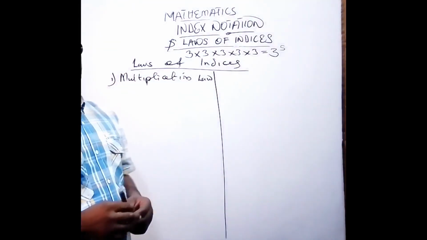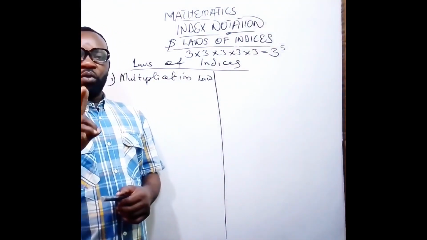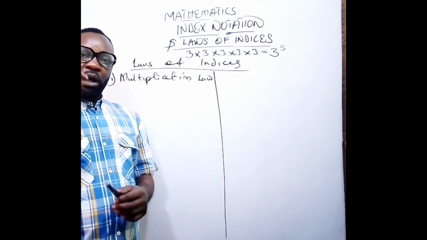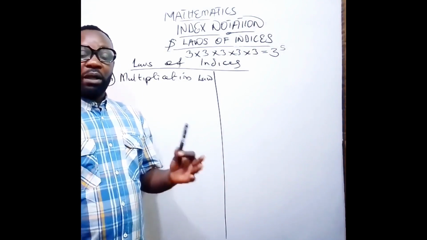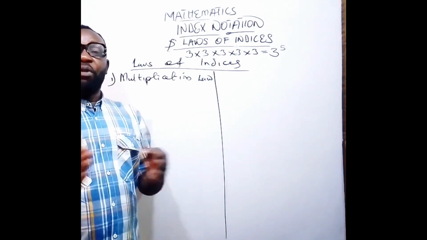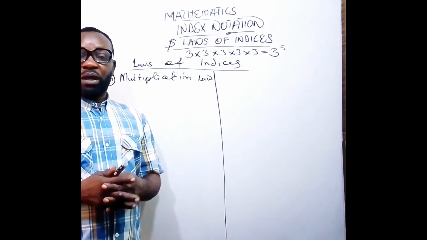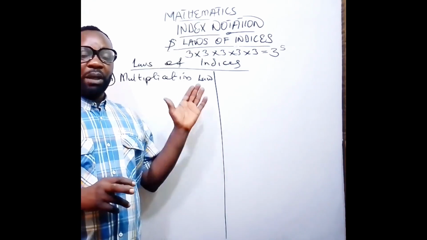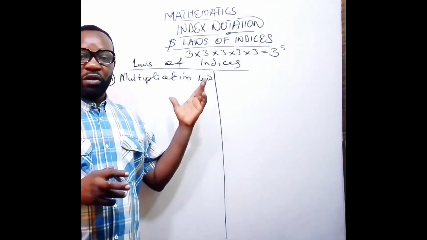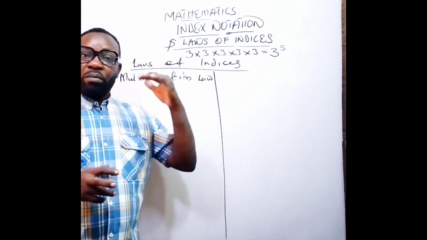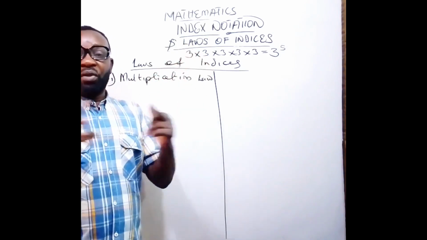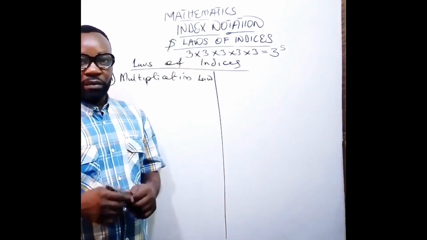If we have two equal factors with powers on them, and the factors are multiplied with one another, the value we get will be that particular factor raised to the power of the addition of the powers on them.